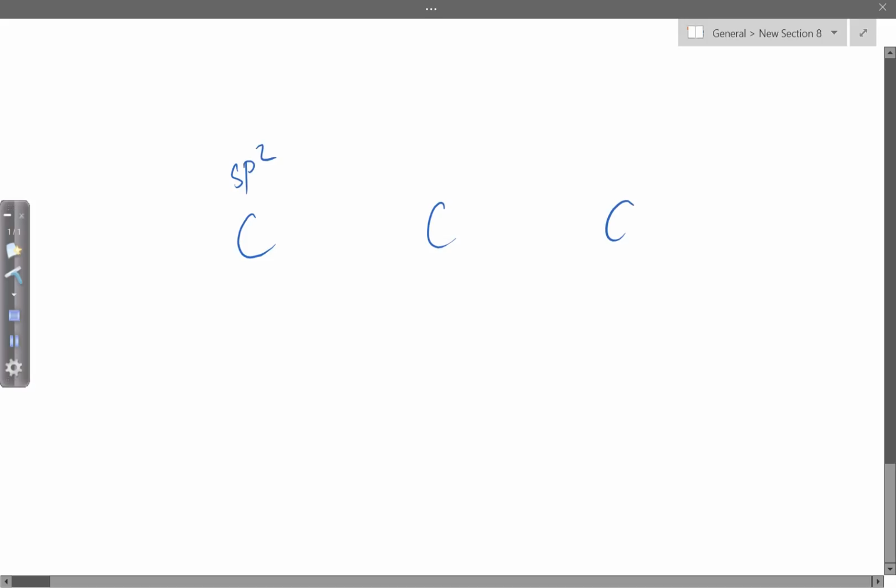So the central one is sp. And the last one is sp2 as well, correct? So now if you look at these 3 atoms, for this terminal carbon which is sp2, how is it shaped? Remove the C, you have an unhybridized p orbital, correct?